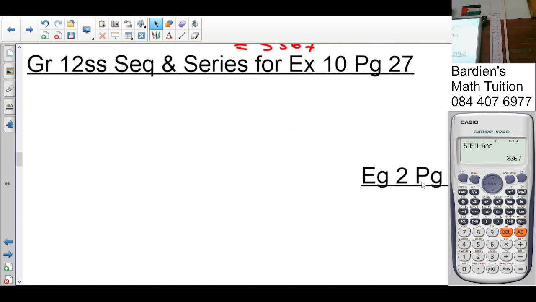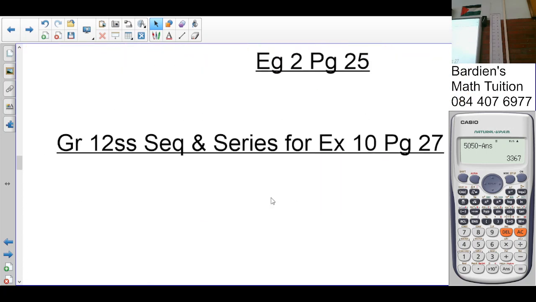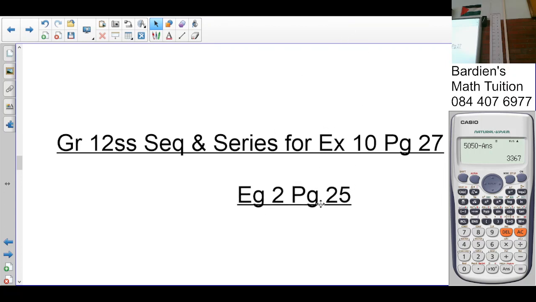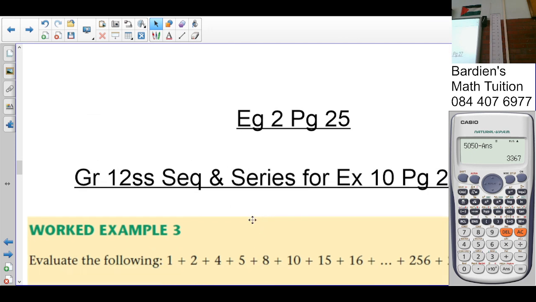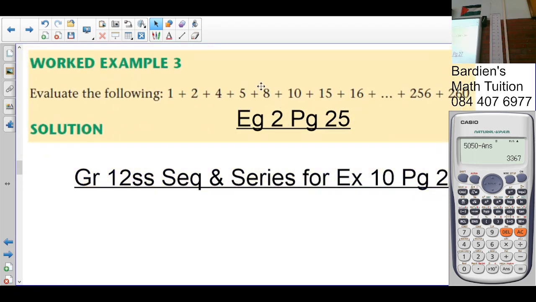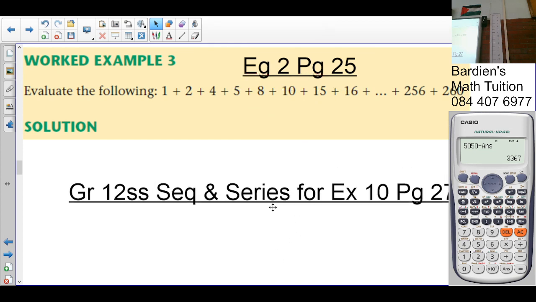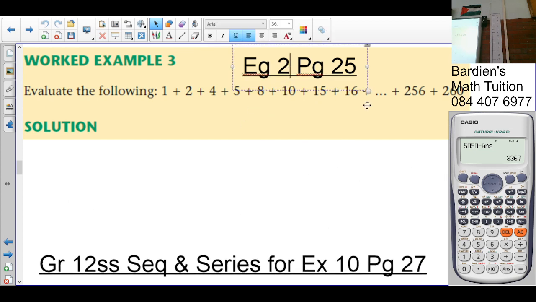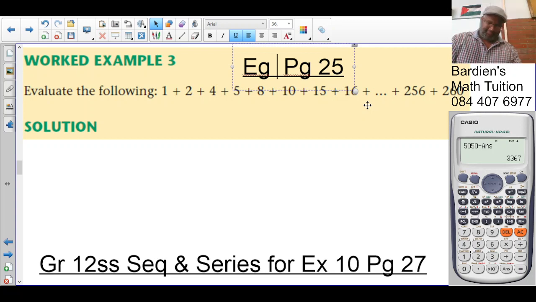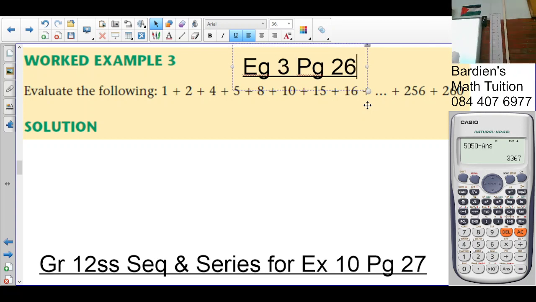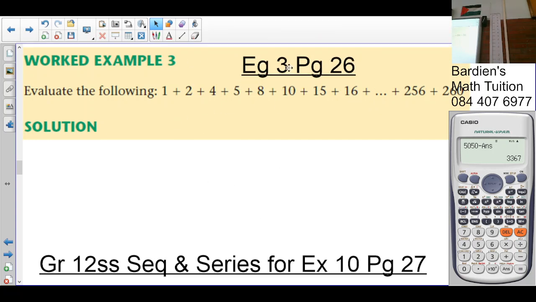Okay. Now we're looking at example 3 on page 26. Again, we are asked to evaluate the following.